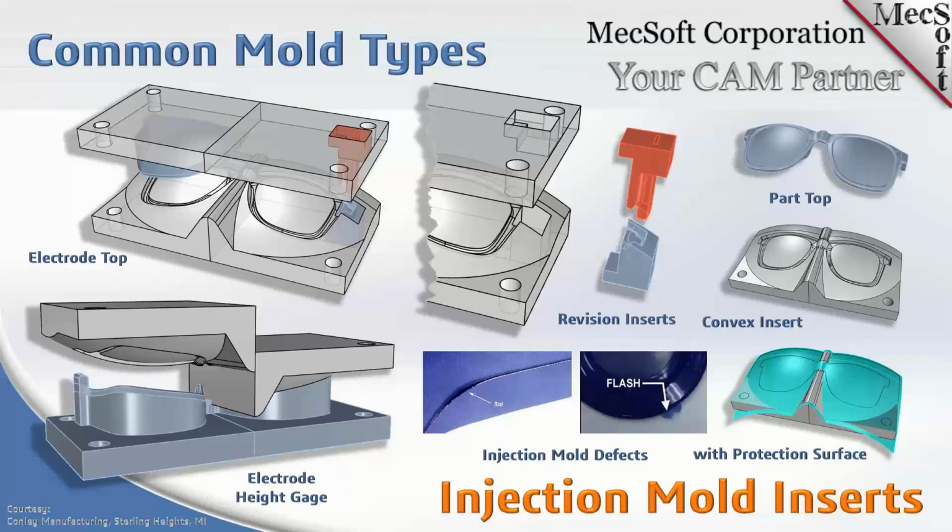So the mold maker will make sets of inserts. He's probably going to machine at least 2 sets and possibly even more, just for that purpose, for revisions and whatnot.